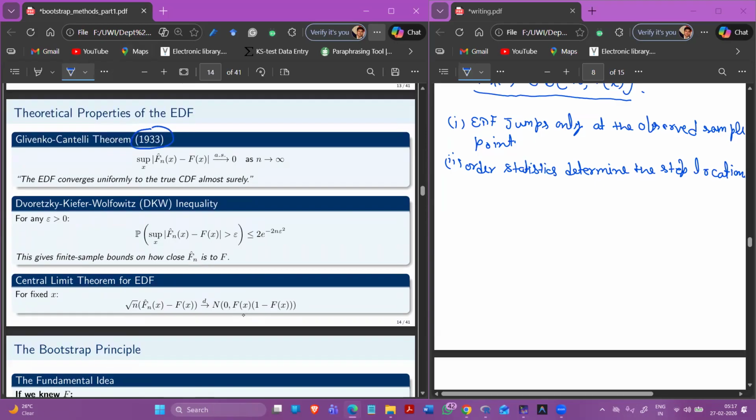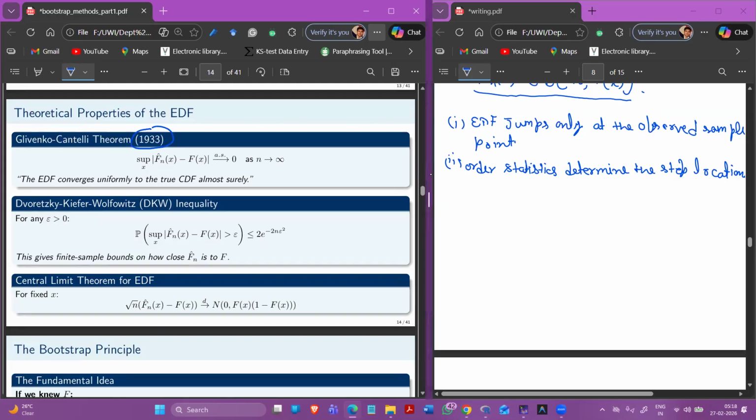What it says is what I said earlier: the empirical CDF converges uniformly to the true CDF almost surely. It means if you take the supremum over x, as n tends to infinity, of the difference between the empirical CDF and your population CDF, it will asymptotically tend to 0, for n tends to infinity.